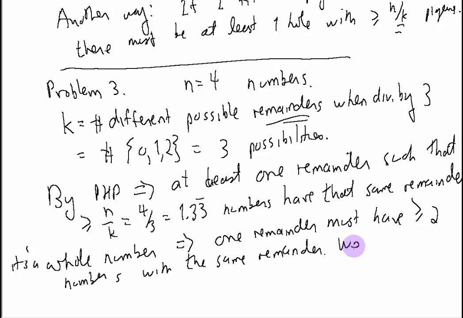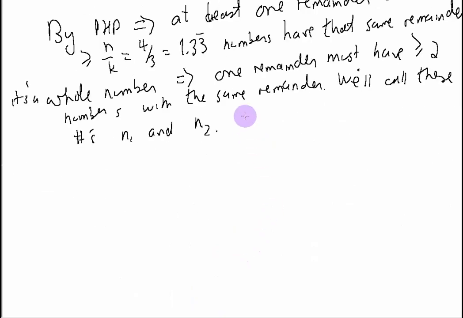Okay, so we'll call these numbers n1 and n2. What does that mean? Therefore, n1 is equal to 3k1 plus r, and n2 is equal to 3k2 plus r.